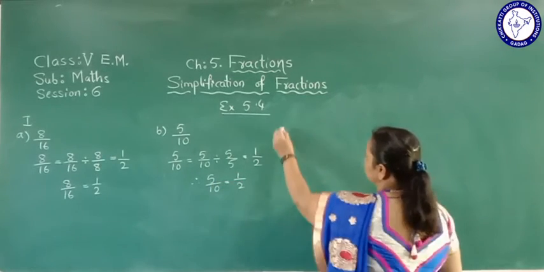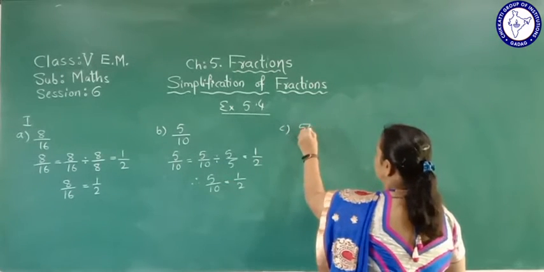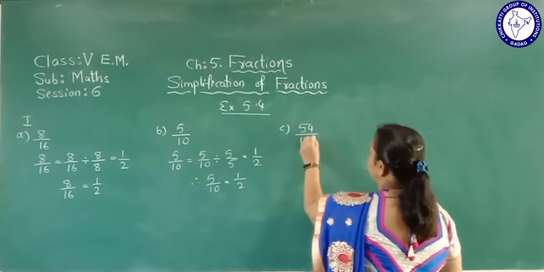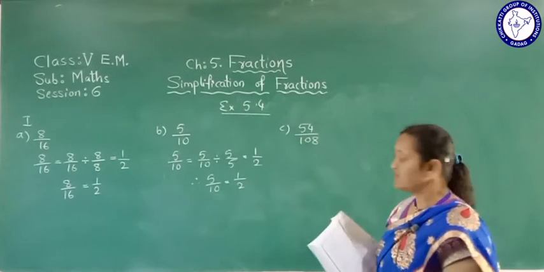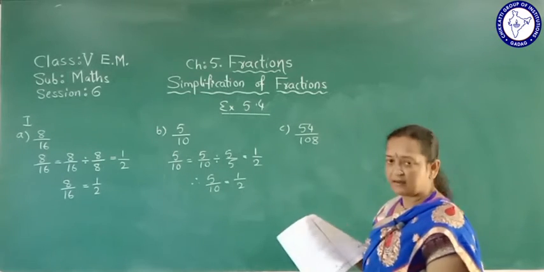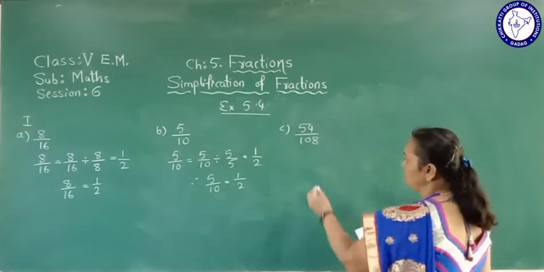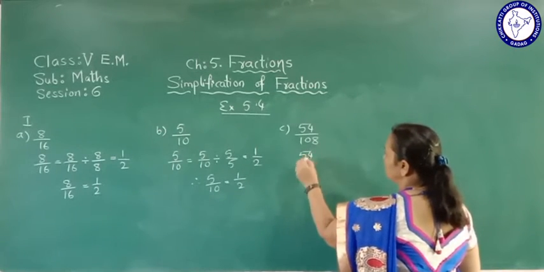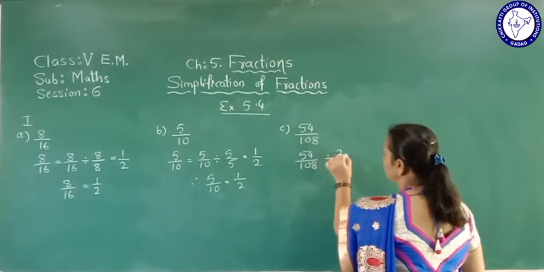Third question, C1. It is 54 by 108. Now 54 and 108, in which table are we finding them? If we don't know, then reduce it by 2 because both are even numbers. So 54 by 108 divided by 2.